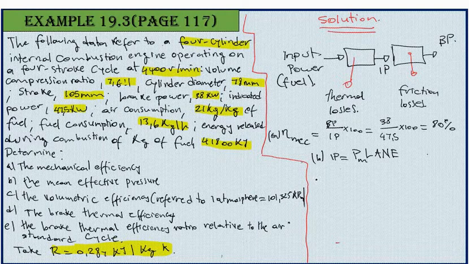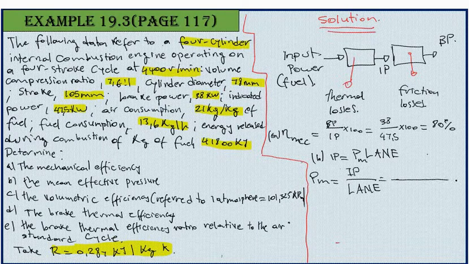So now we can make PM the subject of the formula. We can say PM is equal to, sending all this to the other side, the indicated power divided by L, A and E. We have already determined the indicated power.